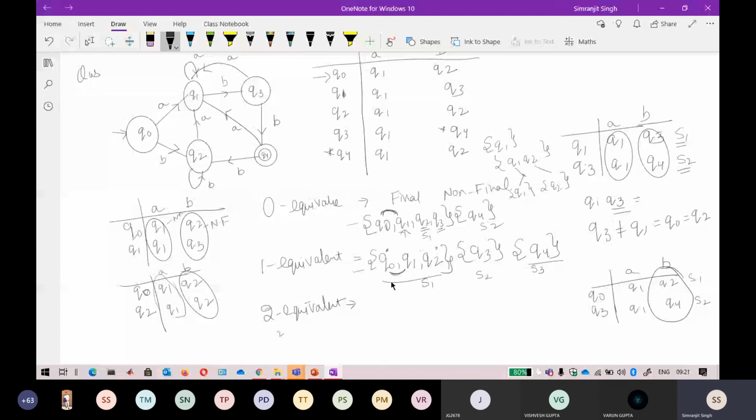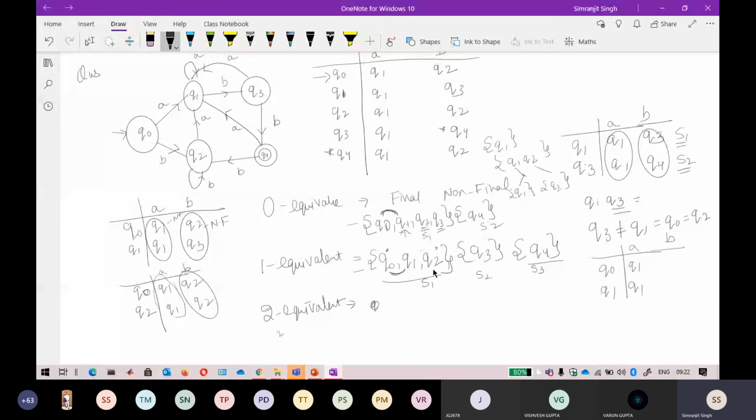If you clearly look at this for Q0 and Q1, I am drawing a table here to be more clear. Now check the property for Q0 and Q1, on A and B. For A, Q0 is going towards Q1, and Q1 is going towards Q1.